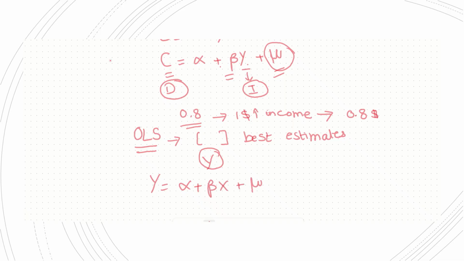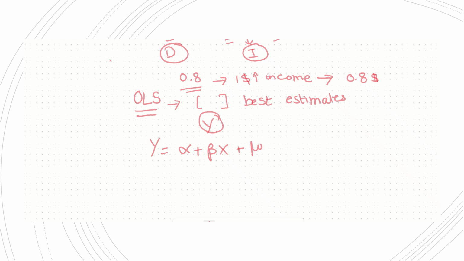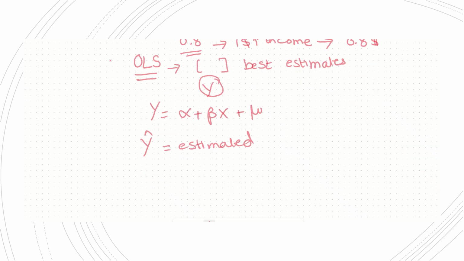The estimated value is denoted by y hat. The difference between the original value and the estimated one, y minus y hat, is your error term, your residual: the difference between your real and the estimated value.